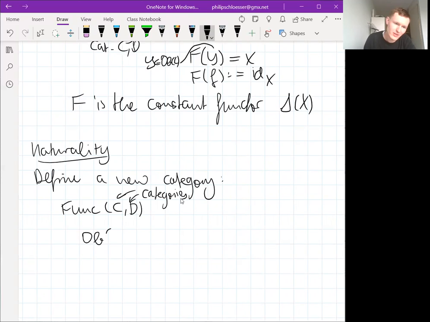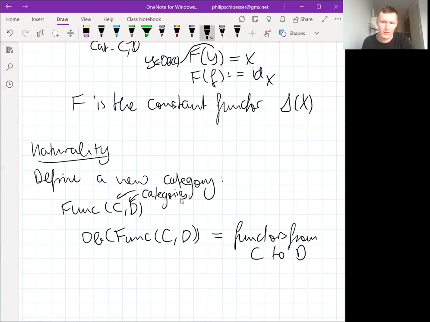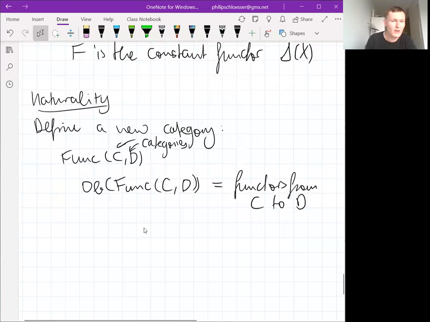Well, the objects, okay, that's straightforward. The objects are functors from C to D. Okay, that seems, I guess, okay. But now we have two functors. What are the morphisms between them?